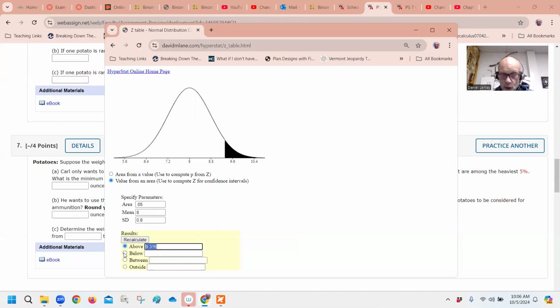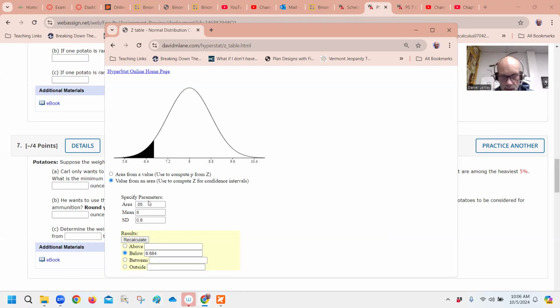And then below, we want to go the bottom 5%. So these go to the potato cannon, so we don't have to change anything because it was the bottom 5%. I left the probability the same. And if the potato weighs less than 6.684, he's going to use them for cannon fodder. And then the middle 95%.